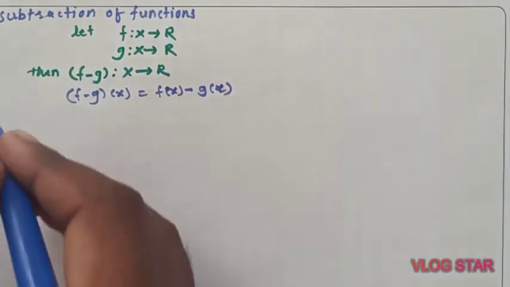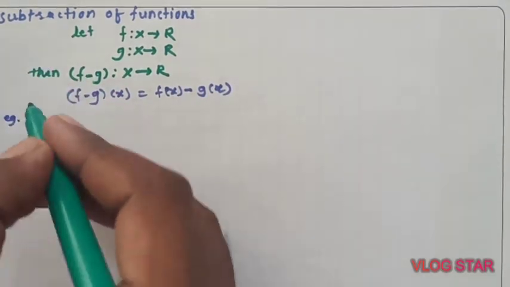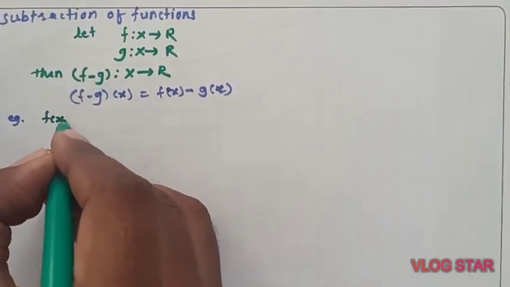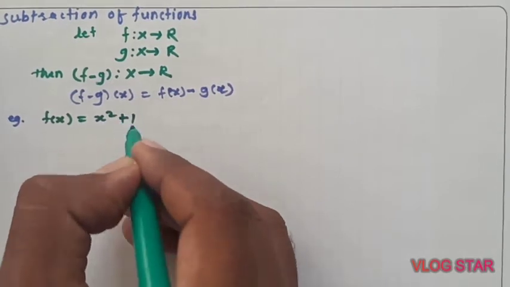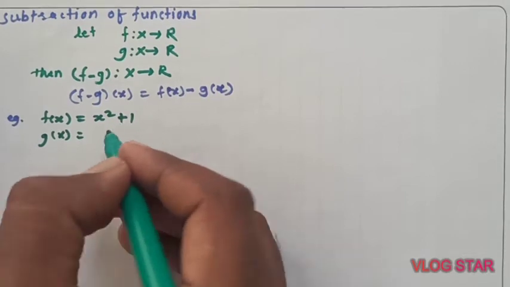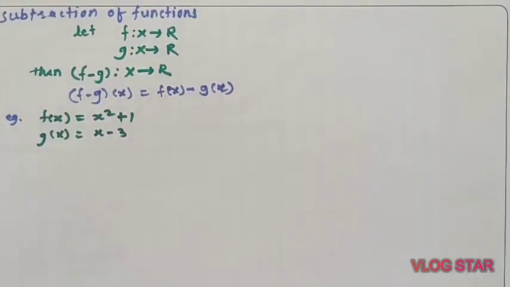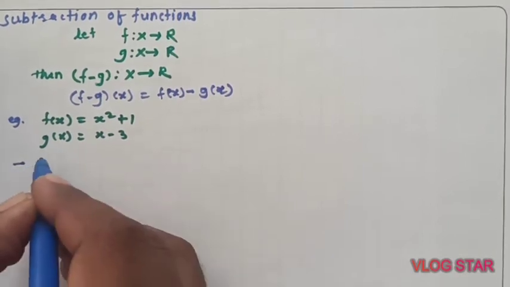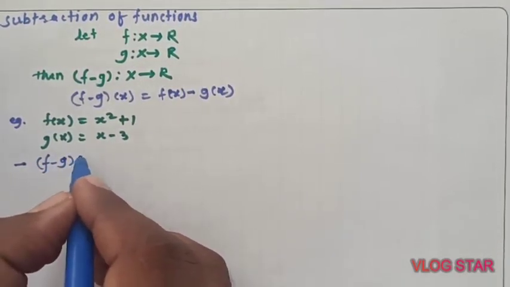A simple thing, if you take an example, suppose I have a first function f of x equals x square plus 1 and another function g of x which is x minus 3. Then I can determine a new function which is the difference of the given two functions, f minus g of x.